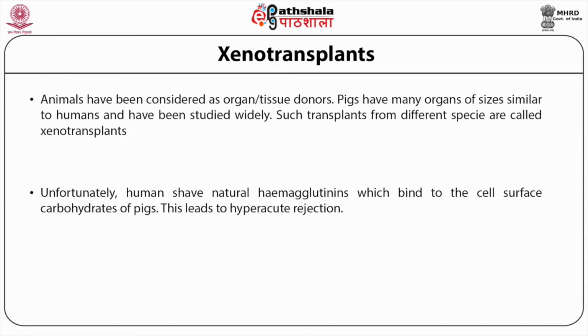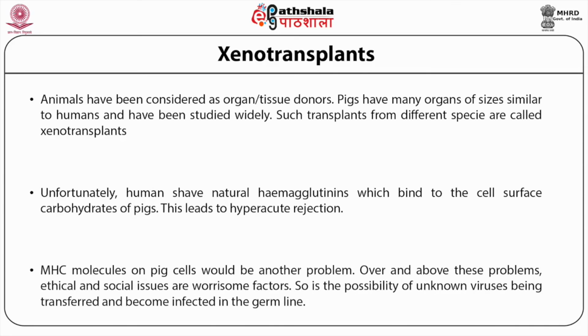This leads to hyperacute rejection. MHC molecules on pig cells would be another problem. Over and above these problems, ethical and social issues are worrisome factors. So is the possibility of unknown viruses being transferred and becoming infected in the germline of humans.